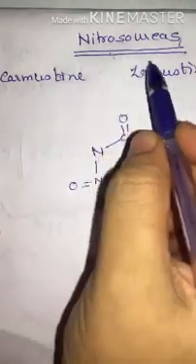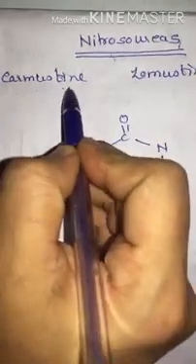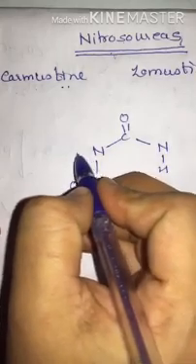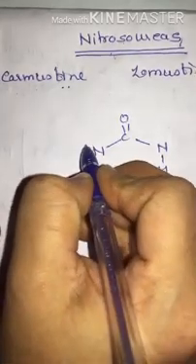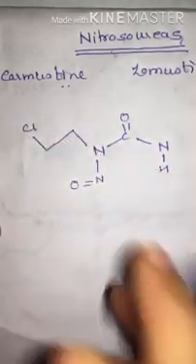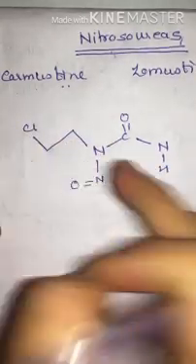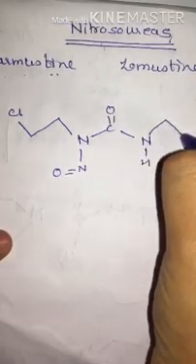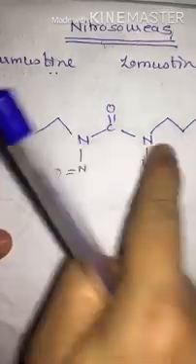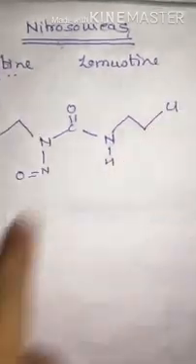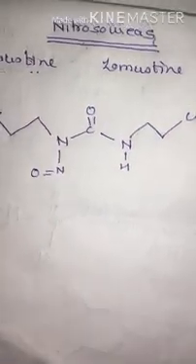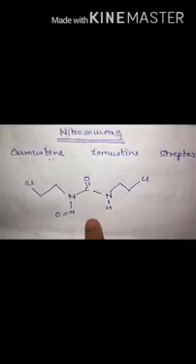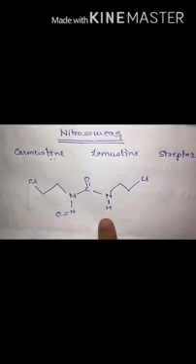Then we are going to study the first structure, that is carmustine. The structure of carmustine has an ethyl chloride group at one end of the nitrogen, and the same structure is here also, that is ethyl chloride at the other end. This is the structure of carmustine.